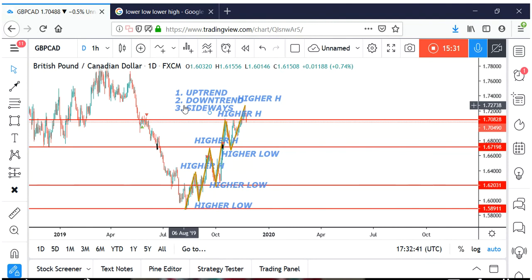Because what you need to understand is the market does not always move in one direction. It moves up and then it takes a break and then either continues to the upside or changes direction. We'll cover all that in our next video.